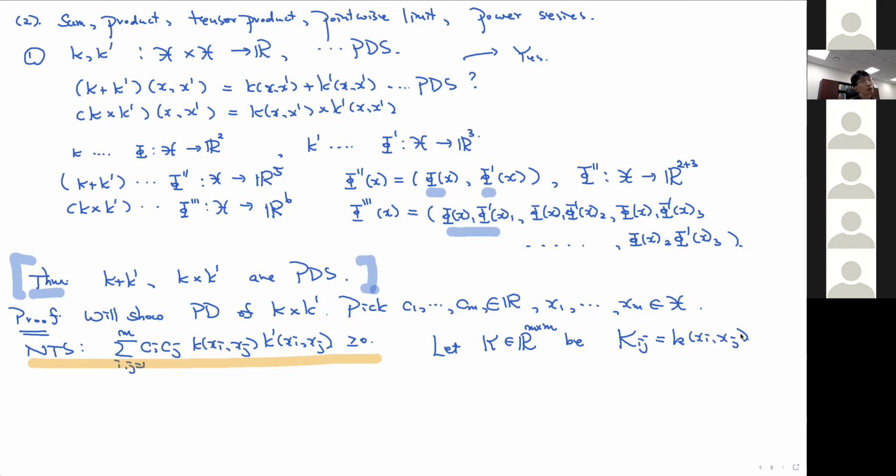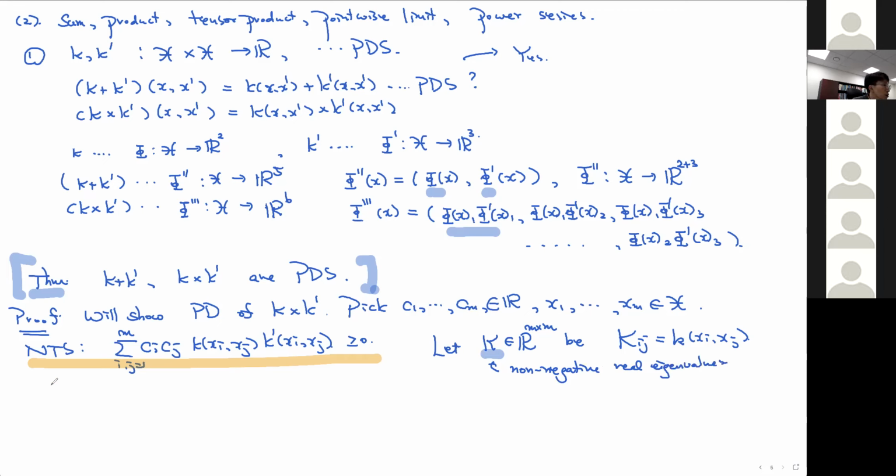Last time when I explained the positive definiteness and symmetry property of K, I said that's the same thing as saying this matrix K is going to be symmetric and have non-negative real eigenvalues. So what does this mean?